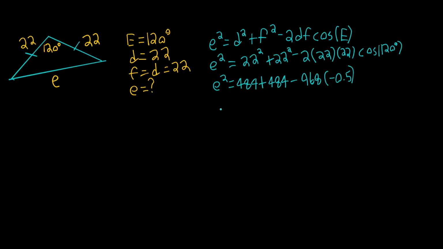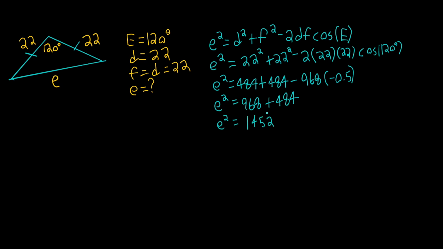So this is going to give me E squared is equal to, I have 968, plus 484, right? We're multiplying it by negative 1/2, which means it becomes positive and divides by 2. So that's going to give me that E squared is equal to 1452.